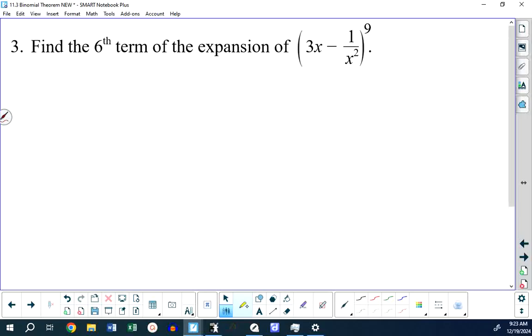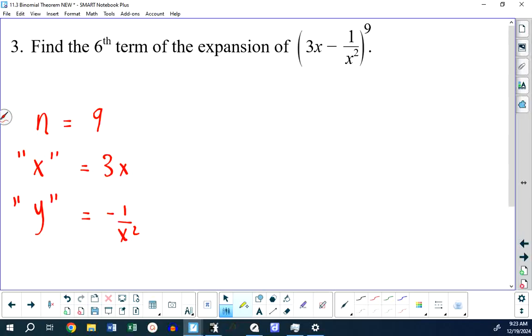I highly recommend making a list of what n, x, and y are for every term. When I look at this and I say n is 9 and x is 3x and y is negative 1 over x squared, I hope you can appreciate why I put quotes around the x and the y.